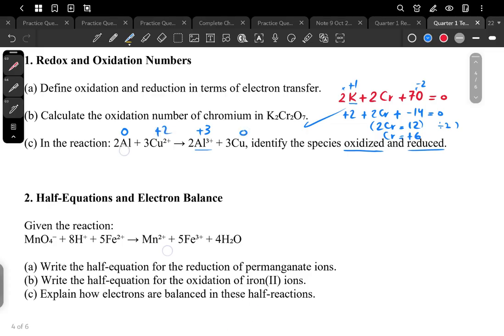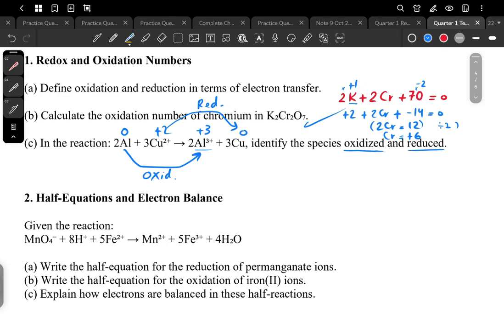So when aluminium goes from 0 to +3, the oxidation number increases. So this is actually oxidation. This is the one that is oxidized. The copper ion, when its oxidation number changes from +2 to 0 after the reaction, this is considered to be reduction.